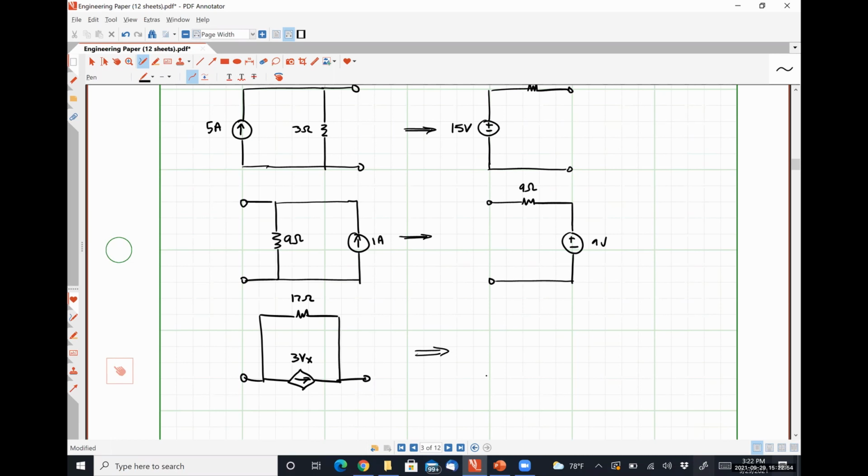So it is going to be electrically equivalent to a resistor in series with a current source between a similar pair of terminals, right?